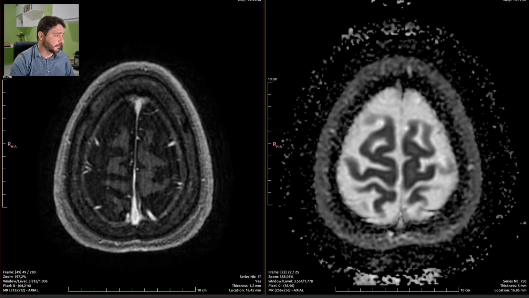We only have to say there is mild brain volume reduction and some symmetrical enlargement of the ventricles and that area of a previous stroke.